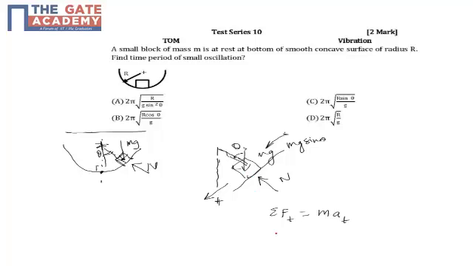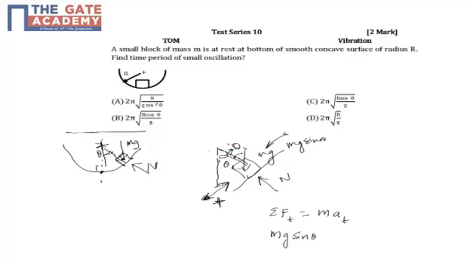The only force acting in this direction is mg: mg cos theta acts normal to the incline, and mg sin theta acts downward. I take the upward direction as positive, because I have perturbed in the same direction.